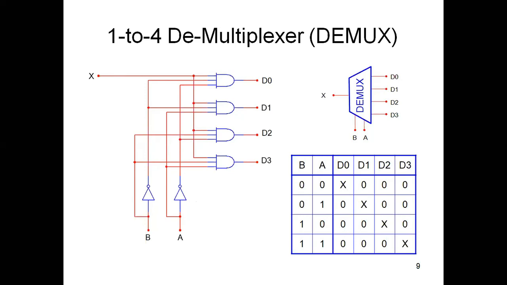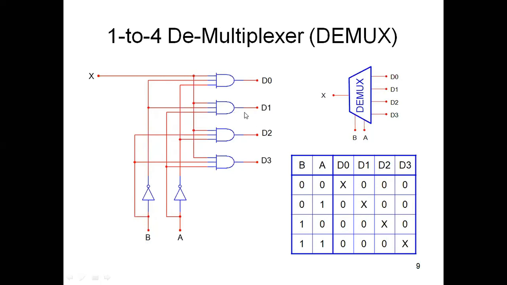Is it clear? And the same input values you can consider. When A is equal to 0, B is equal to 0 and X is equal to 0, calculate D1, D2, D3. So A, which line is going first? A is equal to 0 and B is complemented. So B is equal to 1 and X is equal to 0.